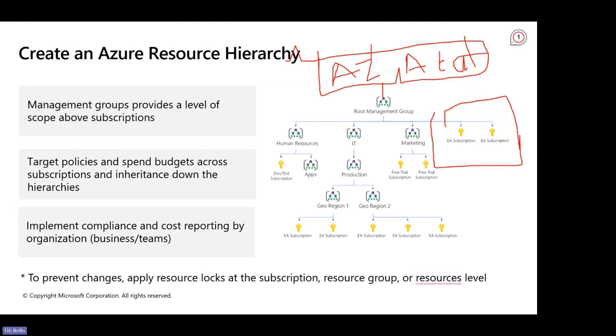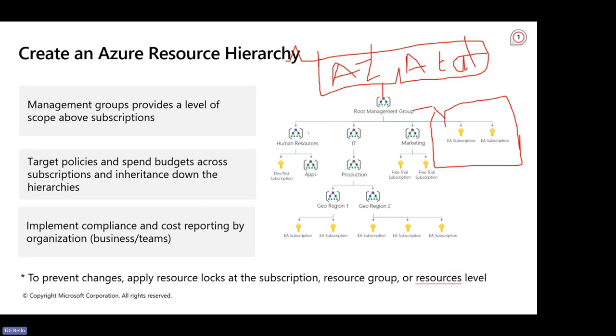We have these primary subscriptions here, 2 of them, and then we created under the root management group. So the account owner will be able to manage anything that is under this root. So the account owner can manage these subscriptions. While here we have created sub-management group, HR, IT, and marketing.